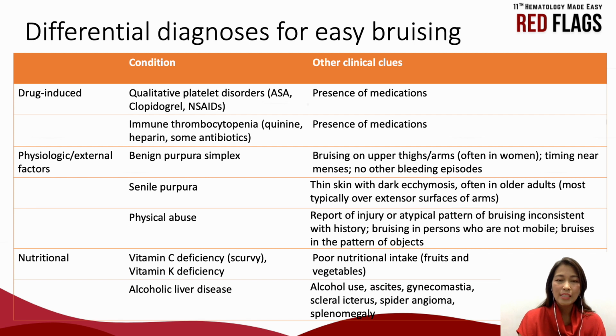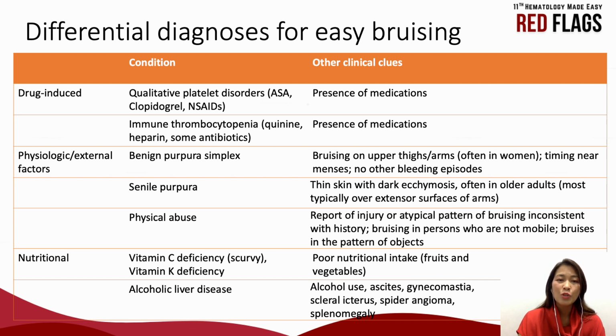This table lists some of the common differential diagnoses for easy bruising and clinical clues aside from the evidence of cutaneous bleeding. First would be drug-induced platelet disorders from antiplatelets and drug-induced immune thrombocytopenia from quinine, heparin, and some antibiotics.